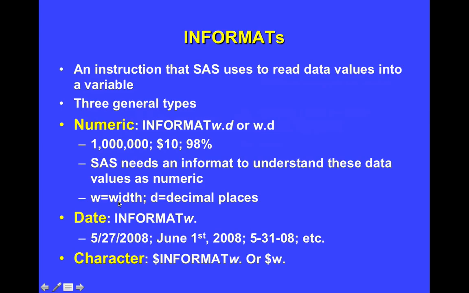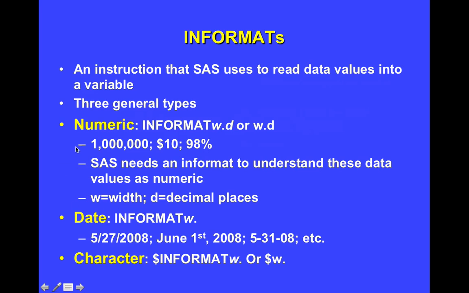Now let's move on and talk a little bit about INFORMATS and data types. So an INFORMAT is simply an instruction that SAS uses to read data values into a variable. And there are 3 general types. First, there's a numeric. This simply refers to numbers, telling SAS that the variable that we're creating here is going to hold numbers.